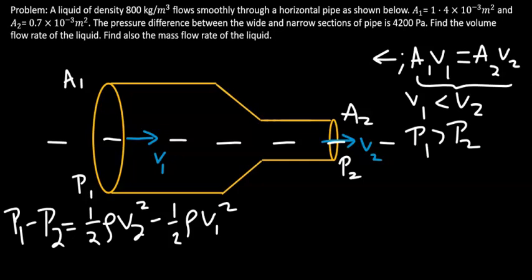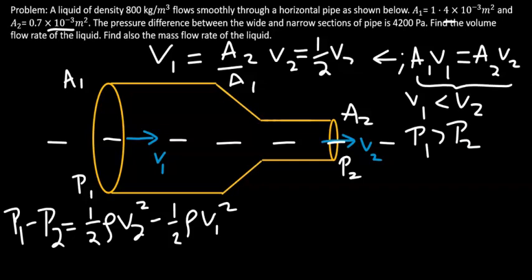Note that from this equation of continuity, we can express V1 in terms of V2 in the following manner: A2 over A1 times V2. Since A2 is half of A1, we see that V1 becomes half of V2. Putting everything together in this equation, P1 minus P2 is the pressure difference, 4200 Pascal. So 4200 Pascal right there equals half.